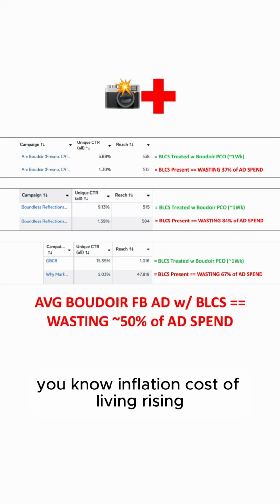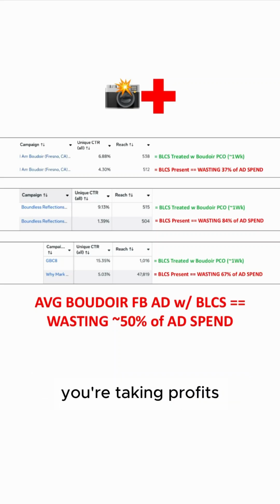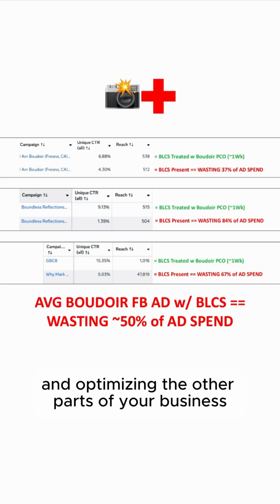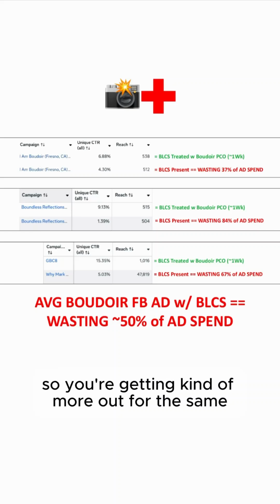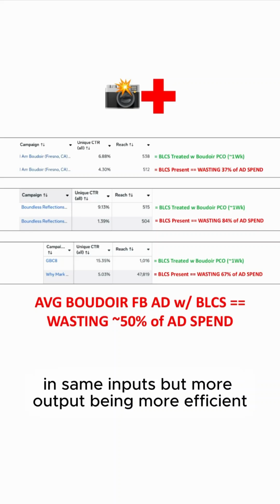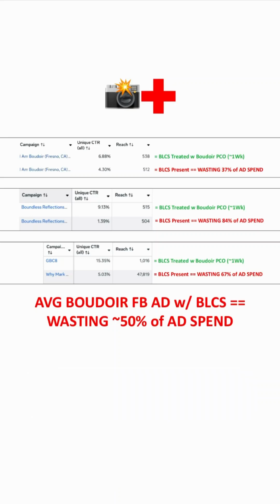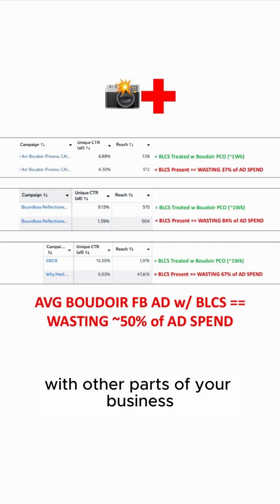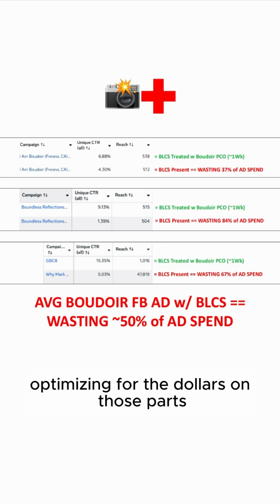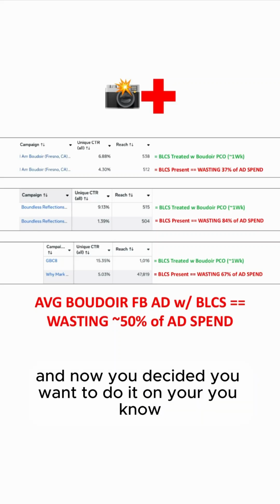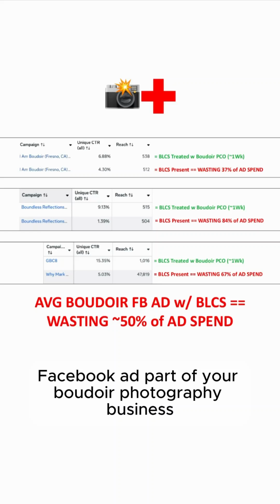You've also been seeing inflation and cost of living rising. So you've already decided you're taking profits and optimizing the other parts of your business, getting more output for the same inputs, being more efficient. You've already done that with other parts of your business. And now you've decided you want to do it on the Facebook ad part of your boudoir photography business.